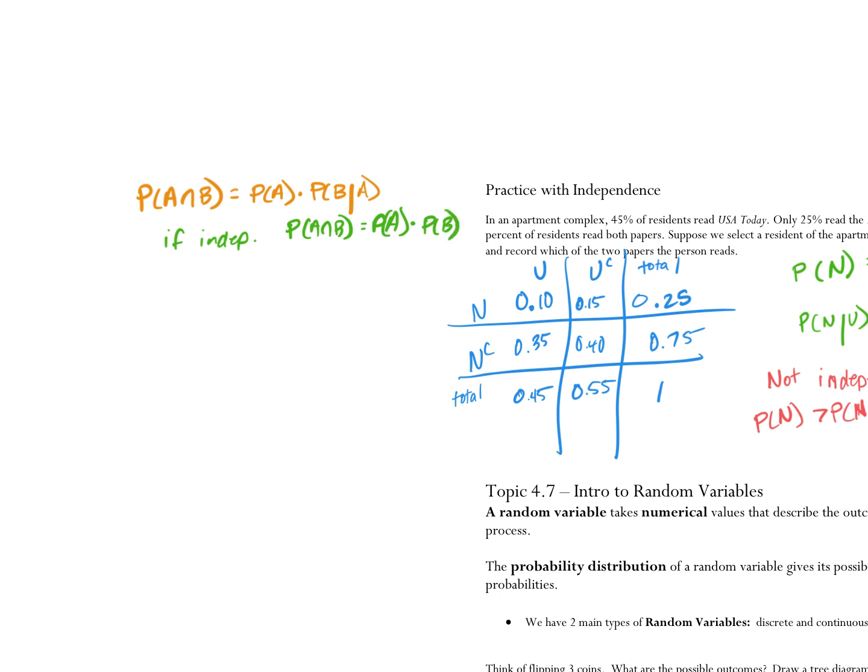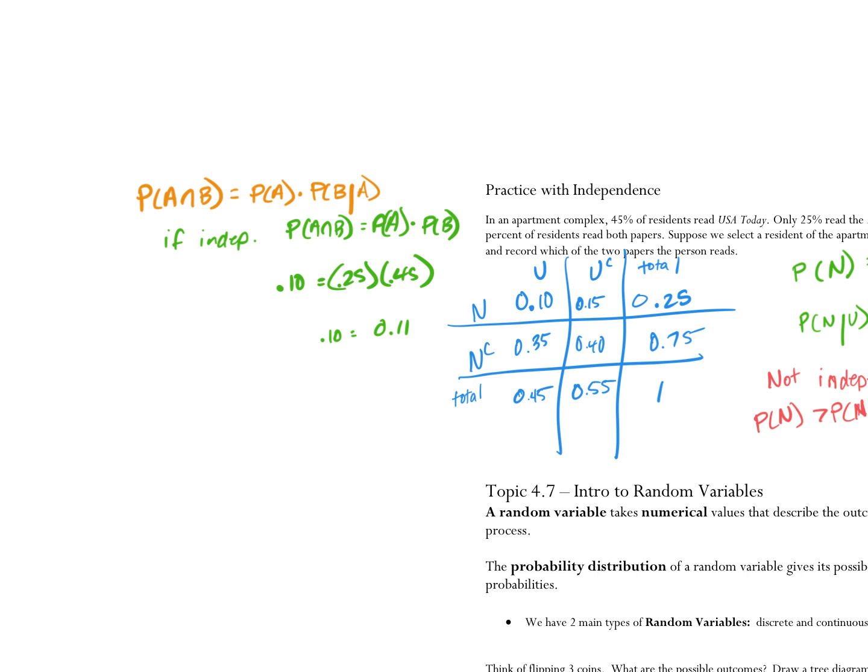And the reason I'm pointing this out is using this rule would be a lot easier on this particular problem. Because we could say, well, we know the probability of A and B was 0.10. We were given the probability of A was 0.25. The probability of B is 0.45. And if I multiply those out, I get like 11 and some change.